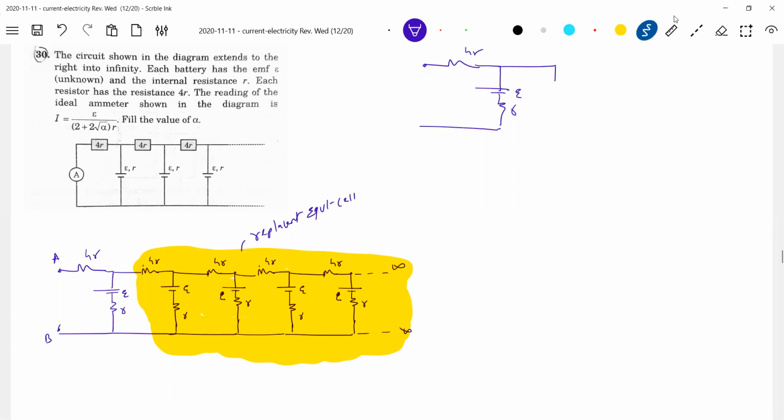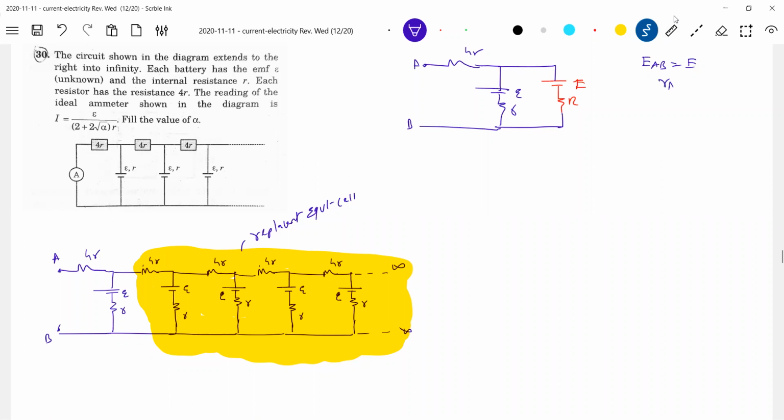This equivalent EMF, I don't know that value. I'll measure EAB. What is EAB? EAB should be E only. Will I agree?